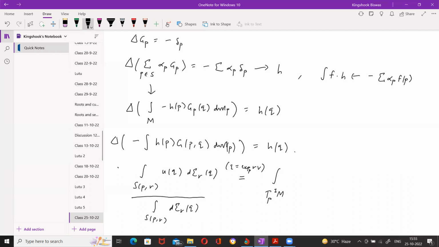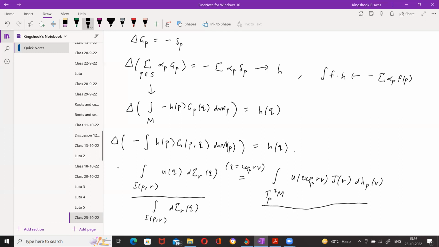So what happens? This becomes u of x_p R v, and then I get the Jacobian, right? In a harmonic manifold it only depends on r, so this is just j of r, and then I get d lambda p of v. And below, what do I get?